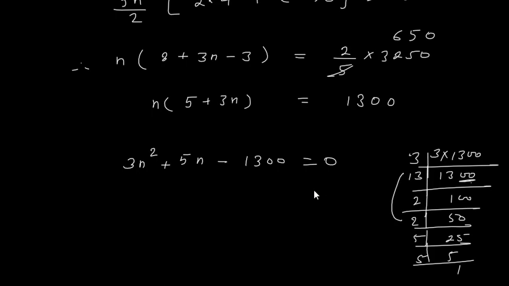It's 5 4s are 20, 23 the 60 and 65, right? Okay, so 60 and 65 will give me the answer. So 3n square plus 60n minus 55n, sorry, 65, it is 65 and 60.